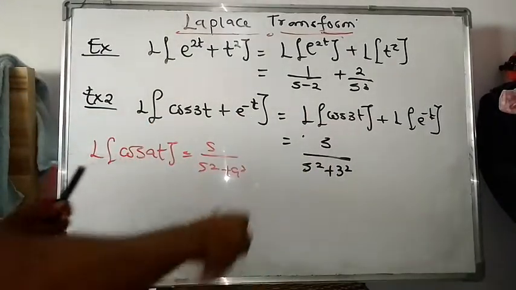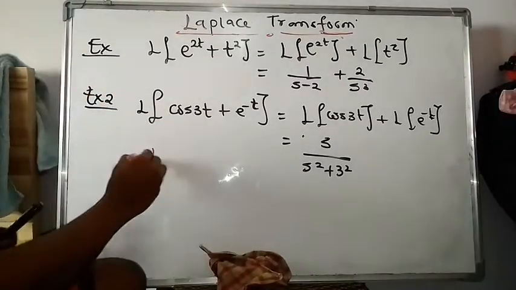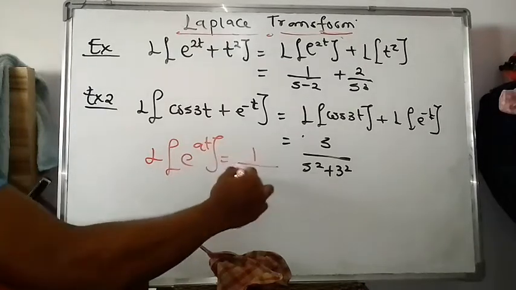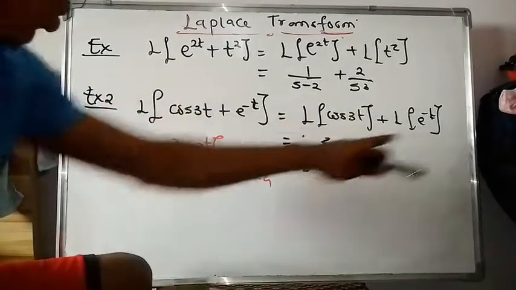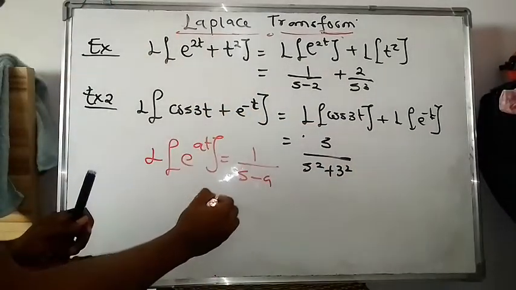Now the Laplace of exponential minus t. Recall that the Laplace of exponential at is equal to 1 divided by s minus a. Comparing exponential minus t with exponential at, my a is equal to minus 1.